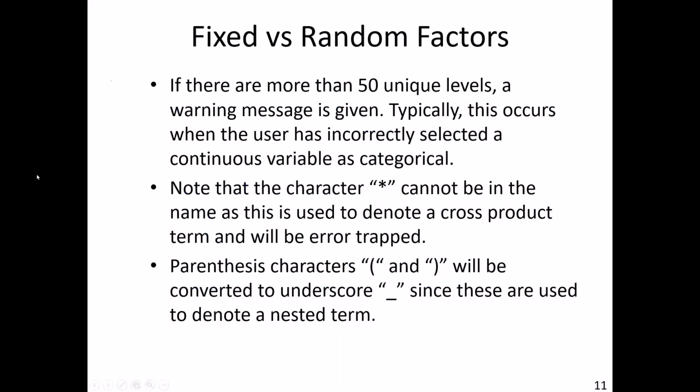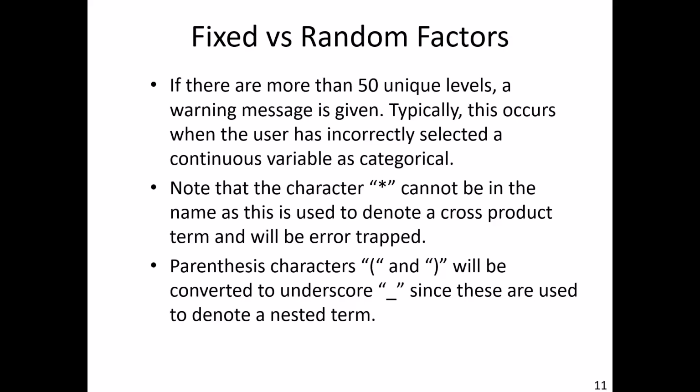A couple of technical points. If there are more than 50 unique levels, a warning message is given, okay, because that's typically because you've mistakenly selected a continuous variable as categorical, so you get a warning message. It's best to avoid asterisks or parentheses in the names, because the asterisk denotes multiplier and the parentheses denote nesting.